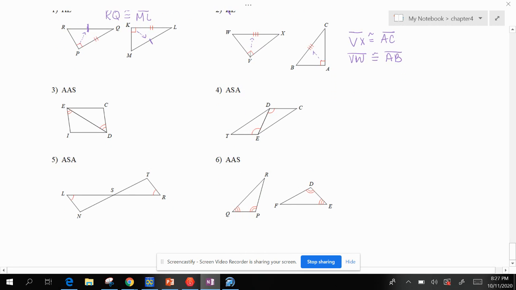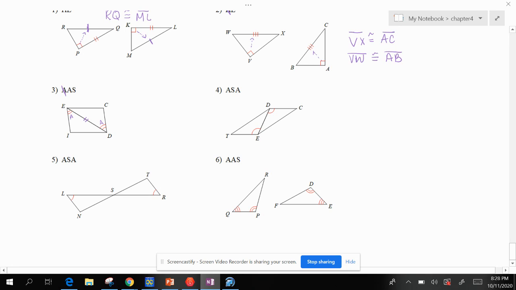All right, number 3. I want to prove angle, angle, side. So let's see what they gave me. They gave me one angle congruent to this angle. I know that this side is congruent to the other triangle side because of the reflexive property. So they gave me an angle.